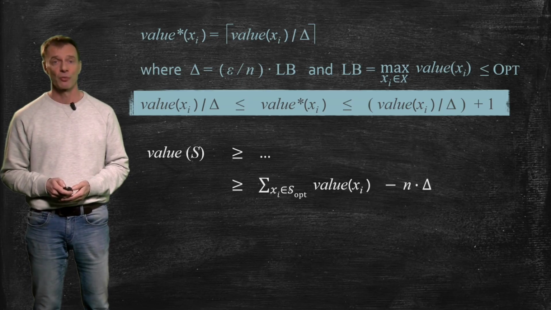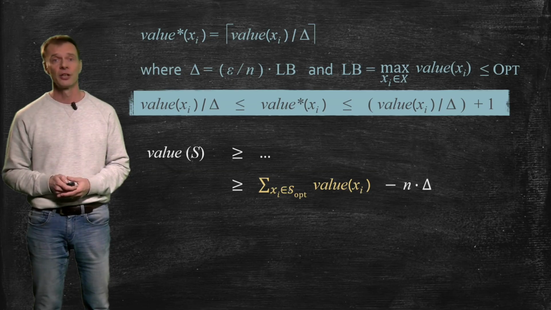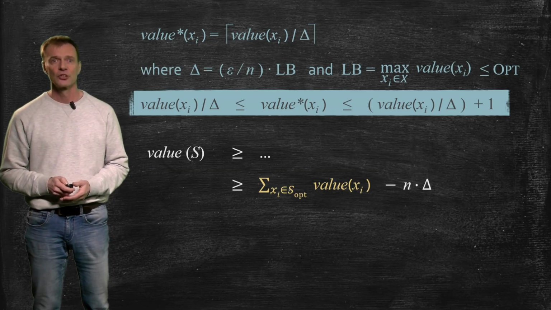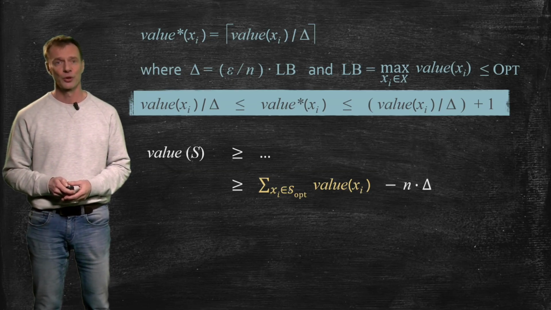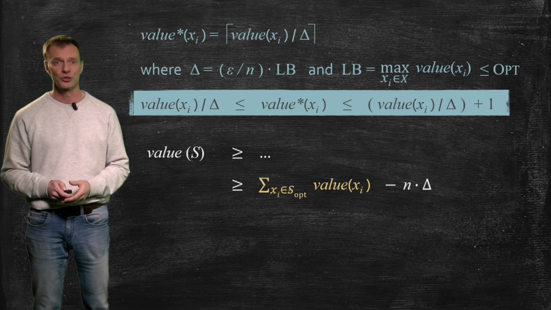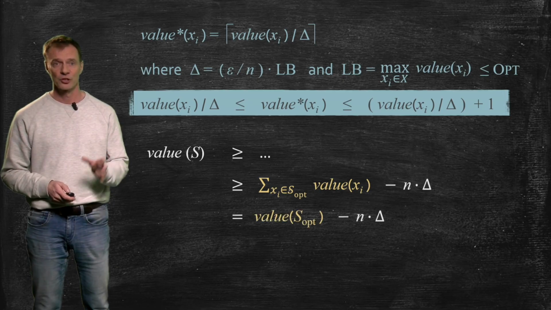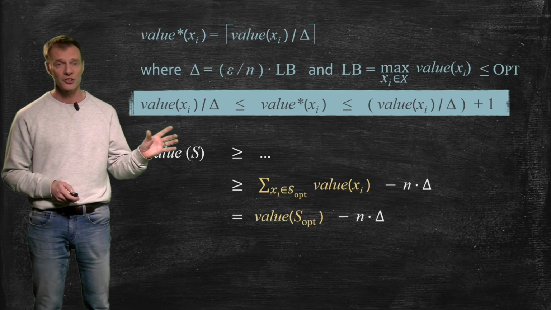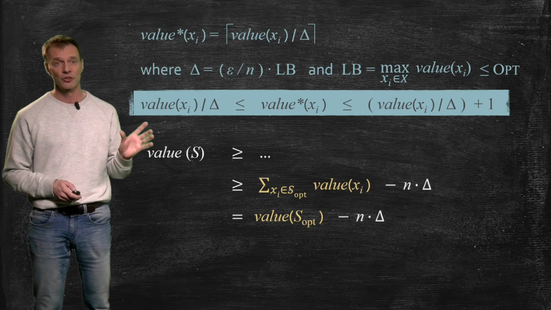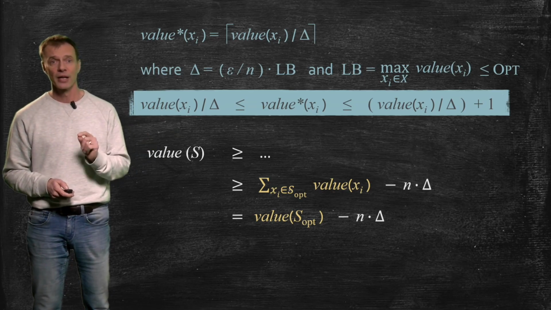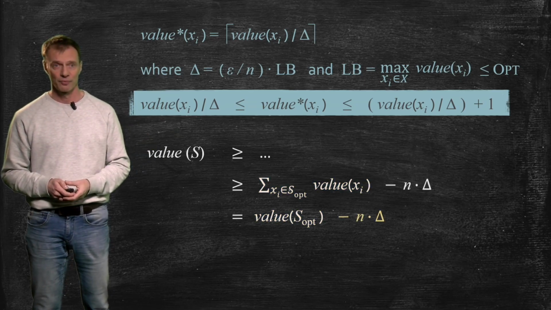Okay, so this is the summary of what we've seen so far. Now we're almost there, just a few lines. The first thing we're going to say is that this part of the solution is simply the value of S opt by definition. So what we have is that the value of S is at least the value of S opt minus n times delta.